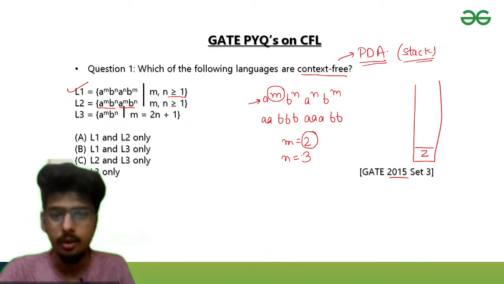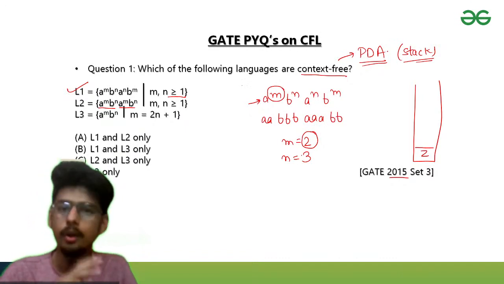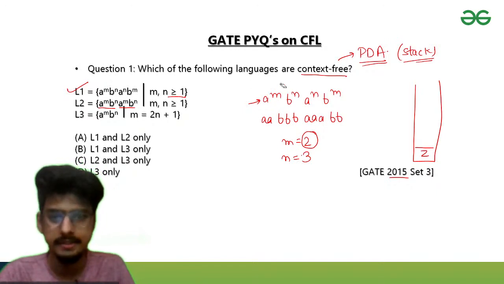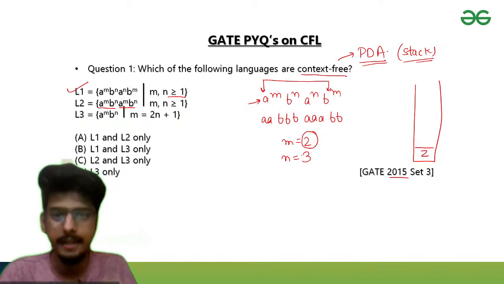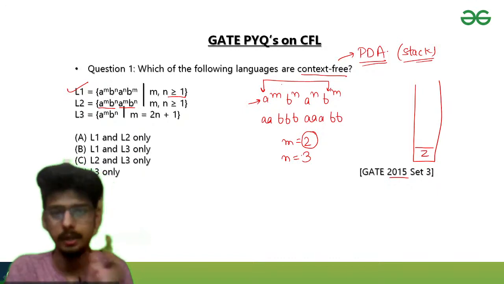Now, in order to compare this A and the last B, you need to push the A into the stack, right? Because if you do not push it, how will you compare it with the number of B's?